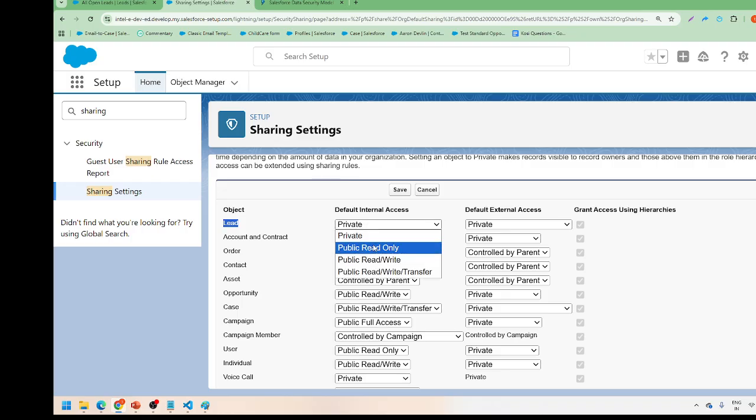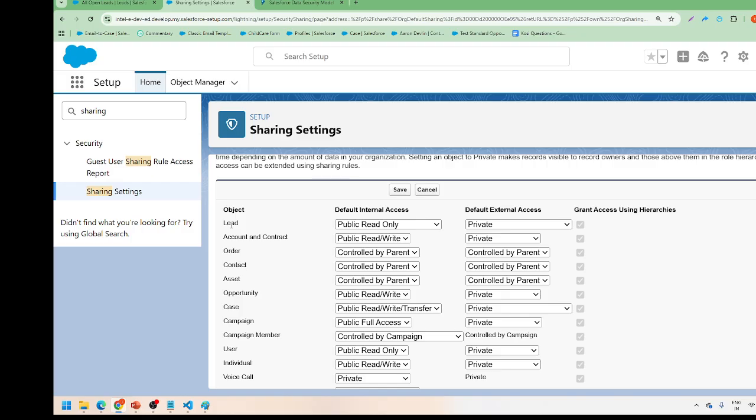Now second is public read only. Public read only means if you set your OWD as public read only, then all the records of the lead object, whether shared with you or not, whether you are the owner or not, can be seen.